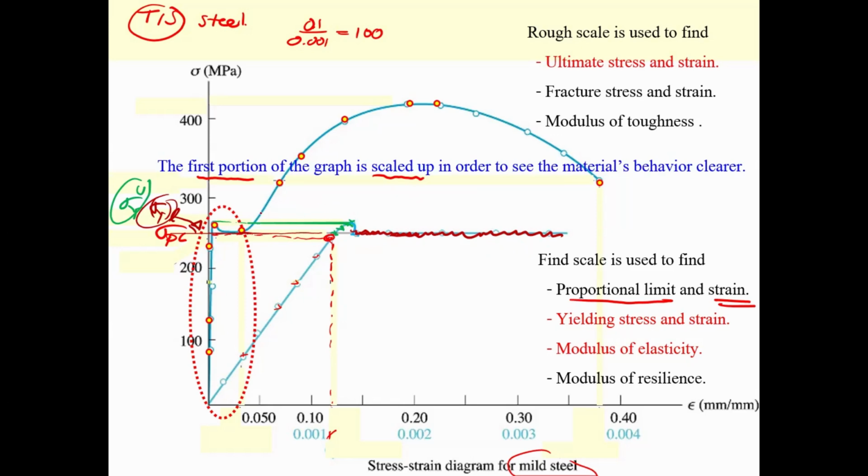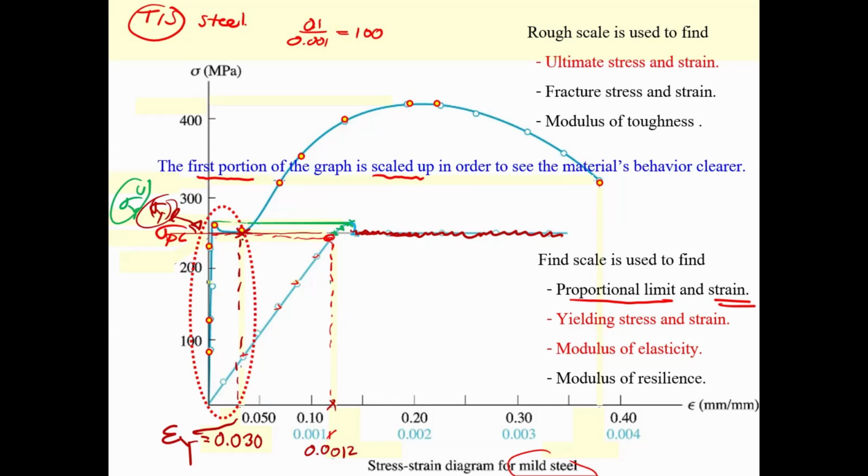And then after finishing that portion, it will be at this point. This is going to be the yielding strength. Typically, the yielding strength is going to be pretty large, such as this 1.030, and for the proportional strain, maybe only 0.0012.